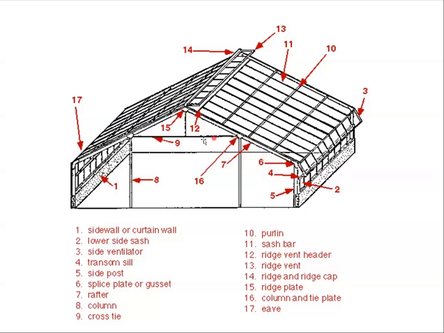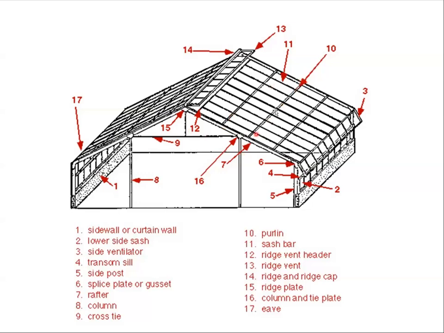And then this cross tie ties these together so that it won't rack side to side. Now, why we have all of these elements in here: you could eliminate some of them, but the result would be that this rafter would have to be really large. The reason we don't want really large members there is because it's going to block the sun.